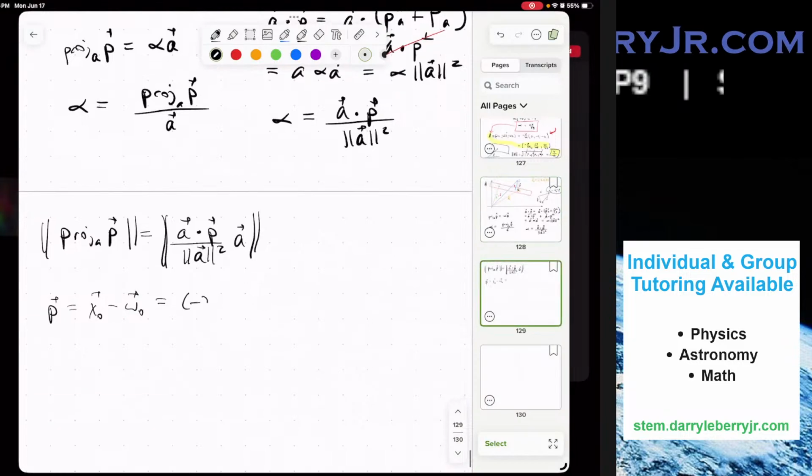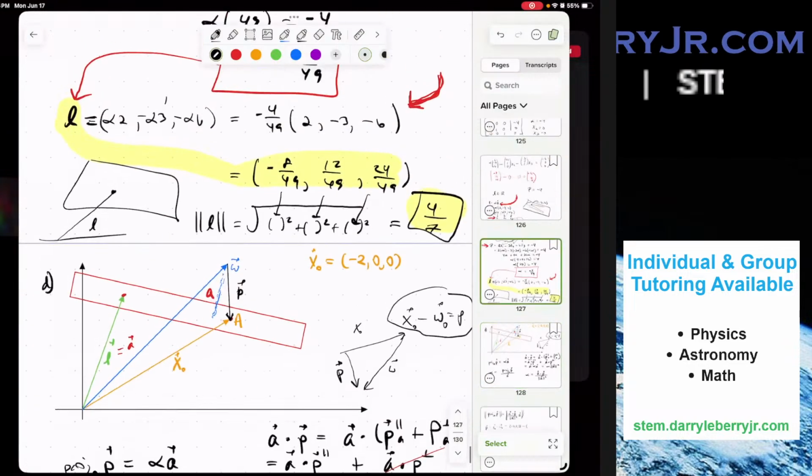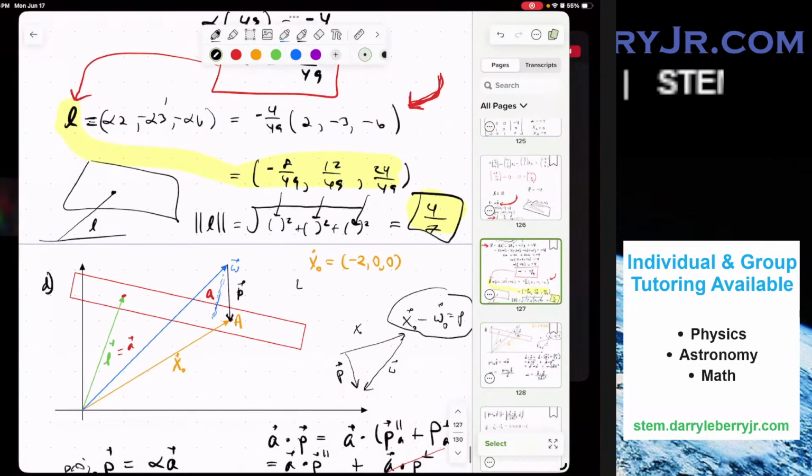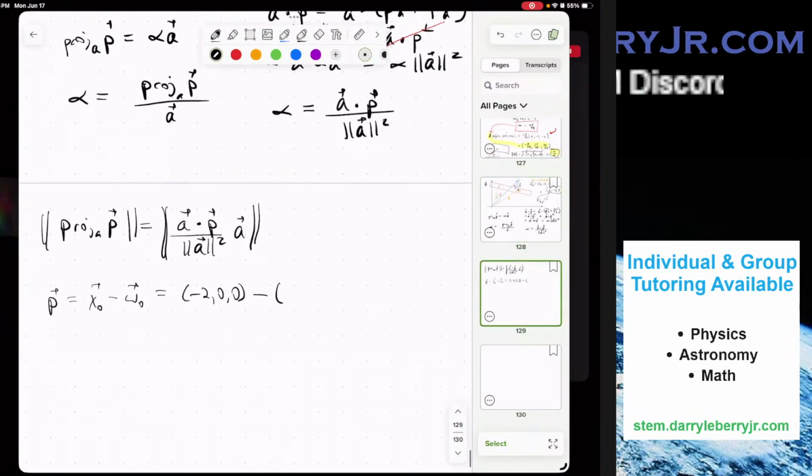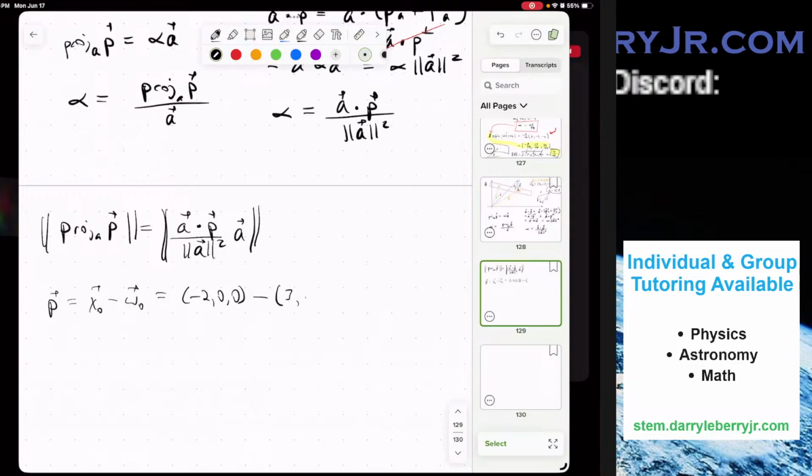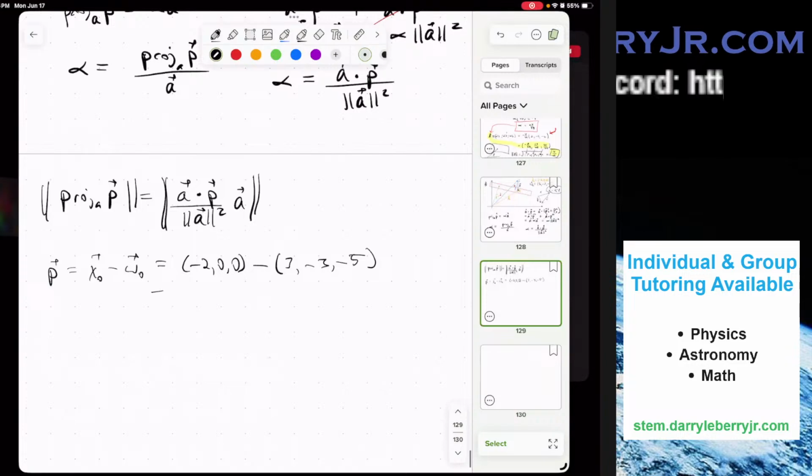XO is negative 200 minus WO. They gave us WO. WO equals 3, negative 3, negative 5. So that equals negative 5, 3, 5.